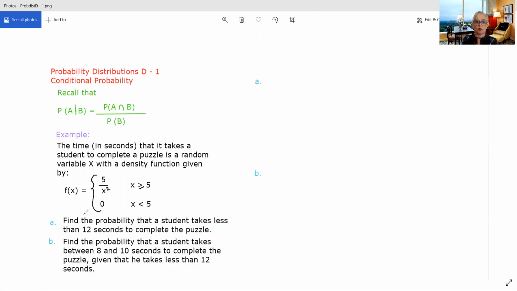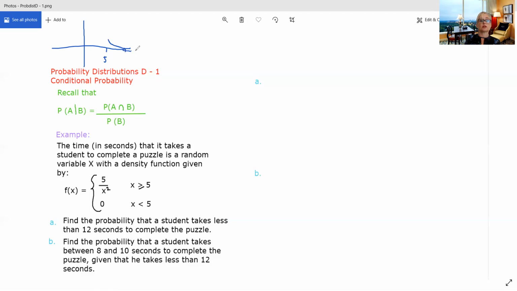Okay, we have a probability density function. Just so you know what this would look like, 5 over x squared is a hyperbola, and as x is tending towards infinity, it's going to look like this. When x is greater than or equal to 5, we're going to have this situation occurring.